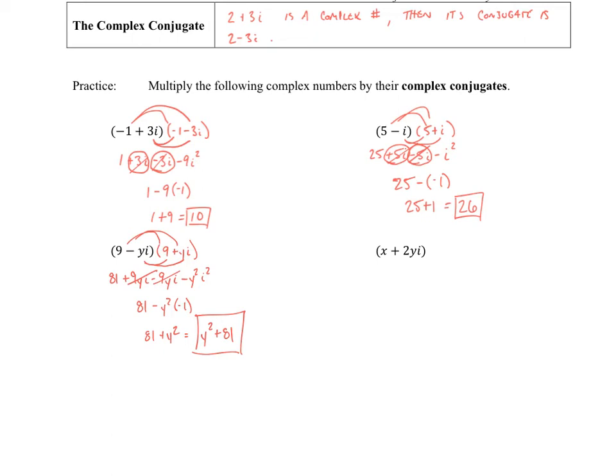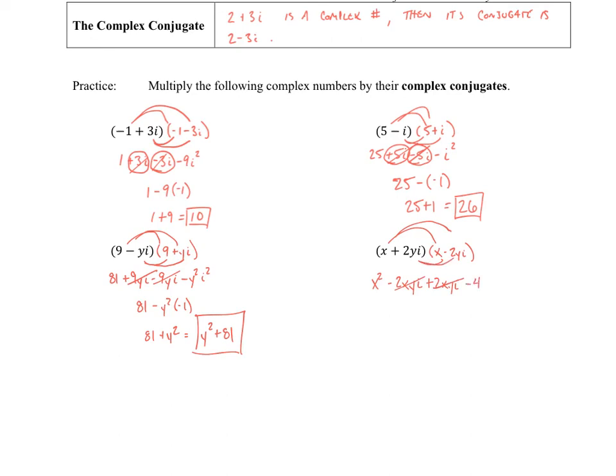The last one we'll do here before you guys begin your homework is the complex conjugate of x plus 2yi, which would just be x minus 2yi. So I'm going to start FOILing. X squared minus 2xyi plus 2xyi. Those will be our cancellations.